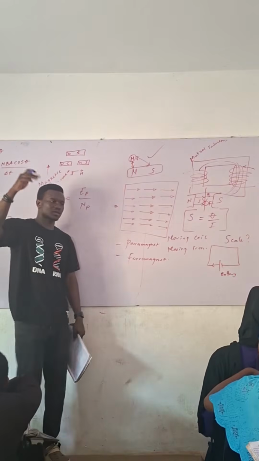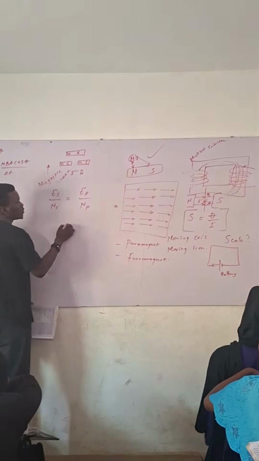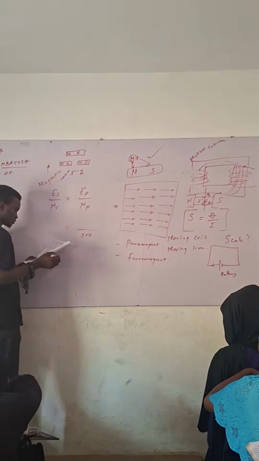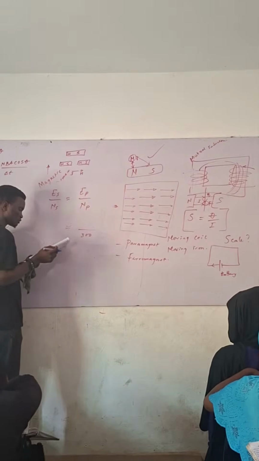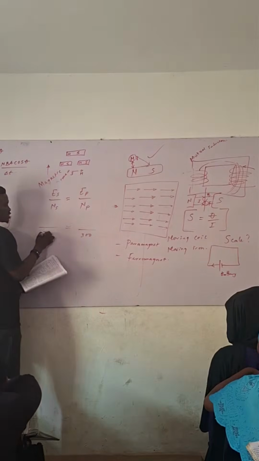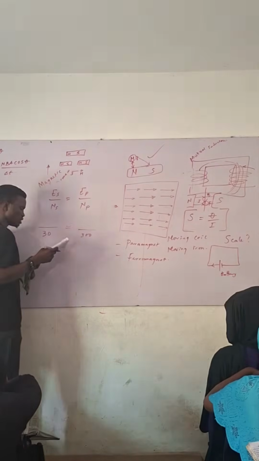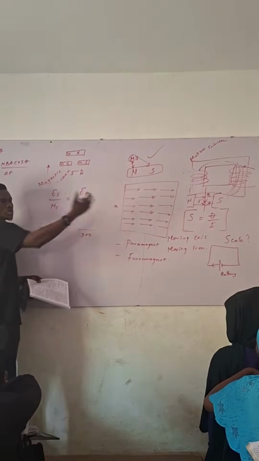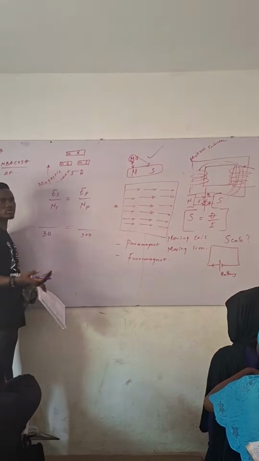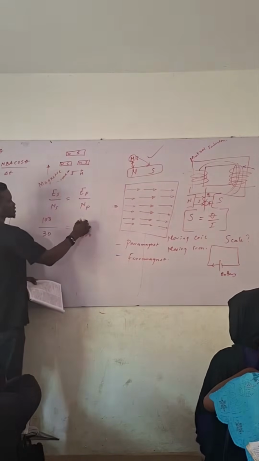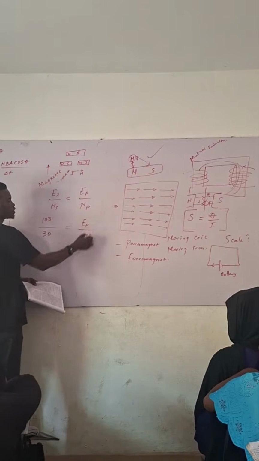So the number of turns in the primary is 300, and 30 turns in the secondary. If the output voltage is, look at that word, output voltage, what does that tell you? Secondary voltage. Then you are looking for EP.